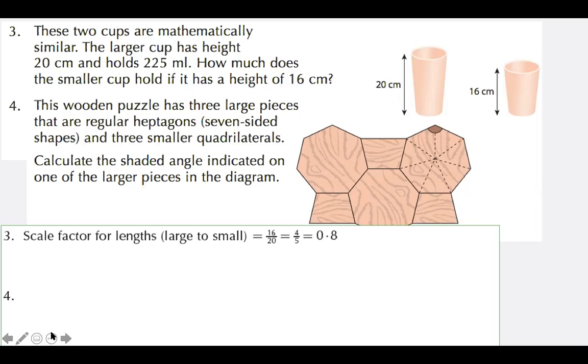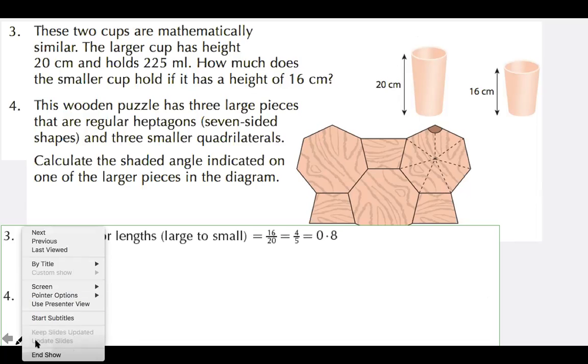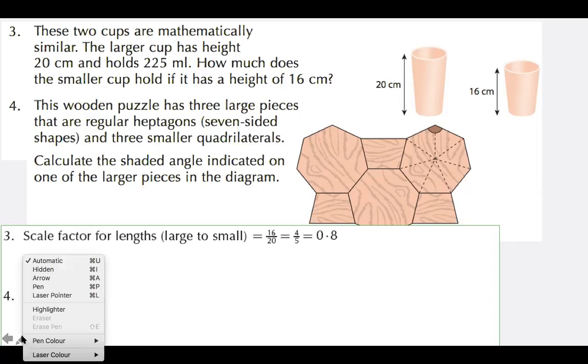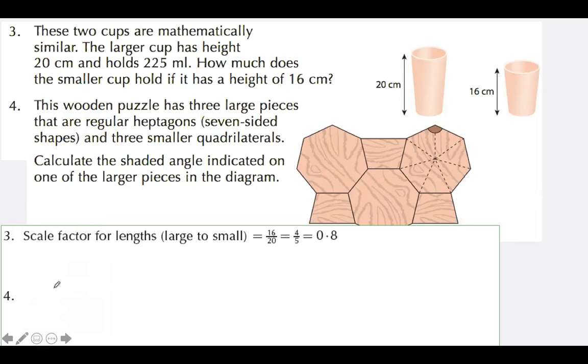So that is my cup there. You need to find those scale factors. So you've got 2 cups. One is holding 225 milliliter. And the question is probably, how much does the smaller cup hold if it has a height of 16?